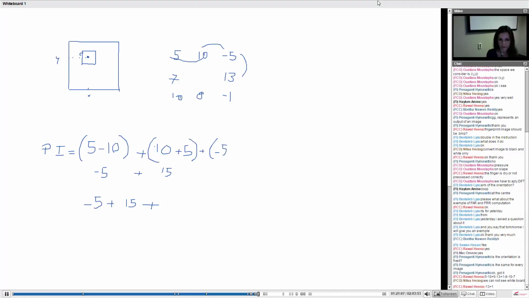Next difference, since we covered this one, we go in order. So we consider minus 5 minus 13, which is minus 18, right?